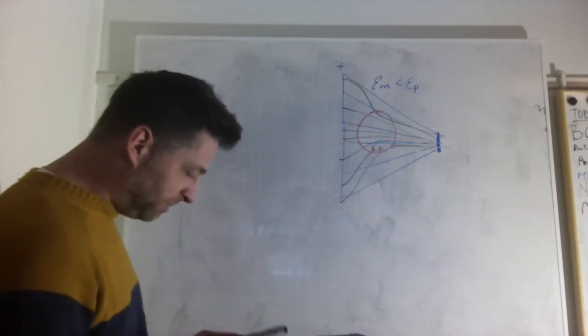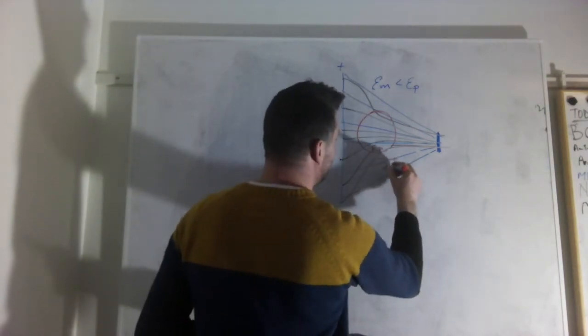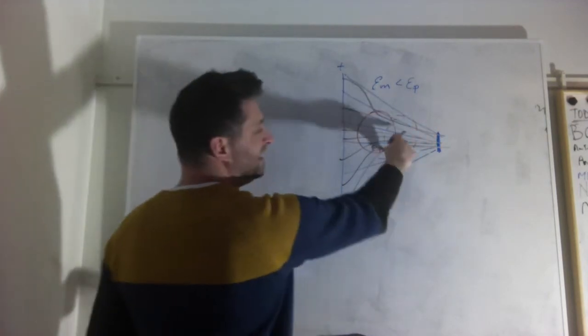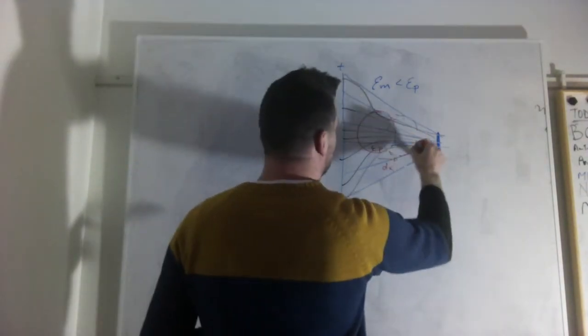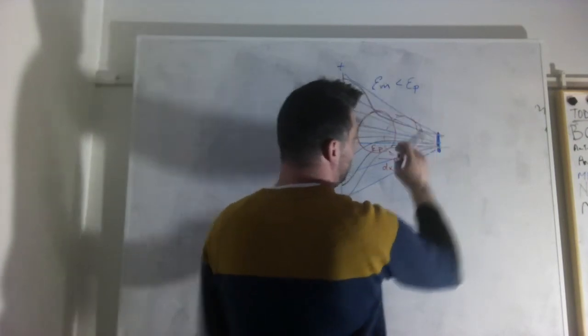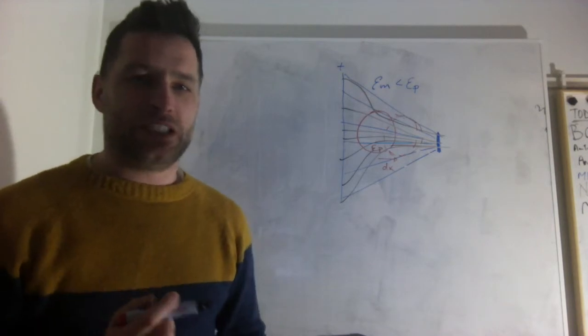And now I can also see, if I would move my particle a certain distance dx in this direction here, like for example to this position here, then I will be able to suck in more and more field lines into my particle. So if I move my particle towards the position where I have a higher density of field lines, the energy of the system will go down.